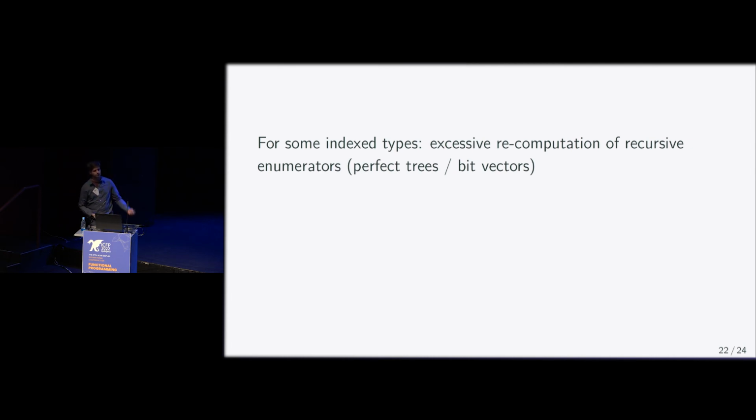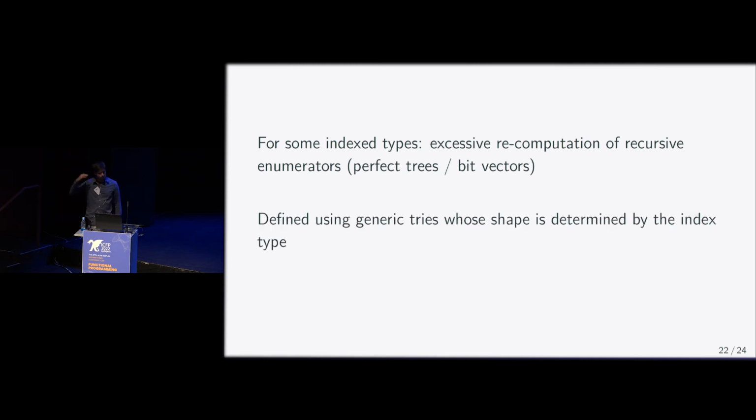And in some cases, this leads to excessive recomputation of these recursive enumerators. For example, if you have perfect binary trees, where for every node you have two recursive occurrences at the same index, or for bit vectors, where there's also a lot of sharing of substructures at the same index.